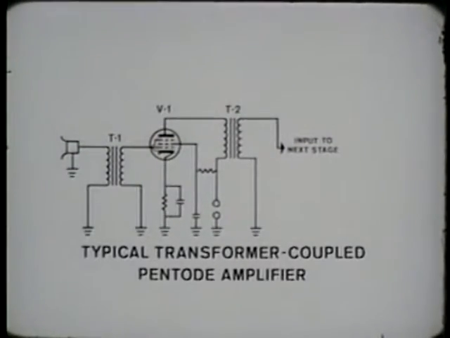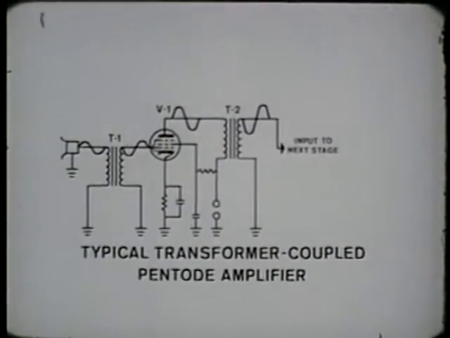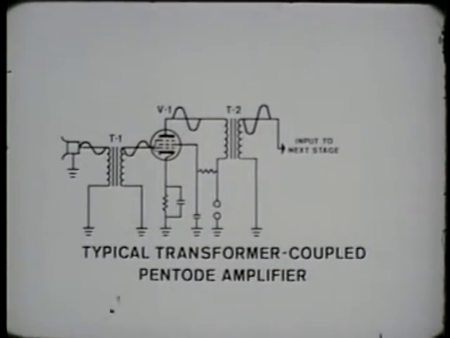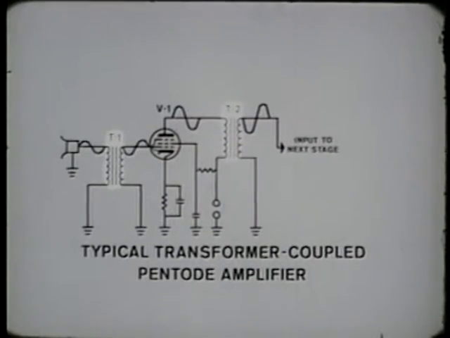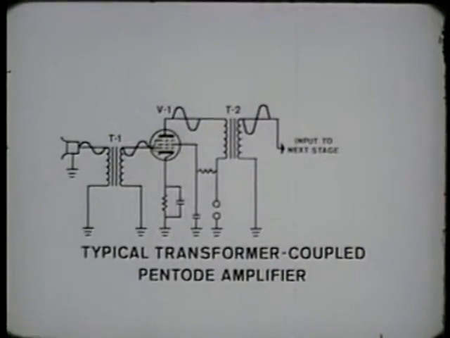This type may be used either as a voltage or power amplifier. When used as a voltage amplifier, transformer design can permit stepping up the voltage between amplifiers. One advantage of transformer coupling is that at lower frequencies, the step-up characteristics increase the voltage to a point where fewer amplifier stages are needed.